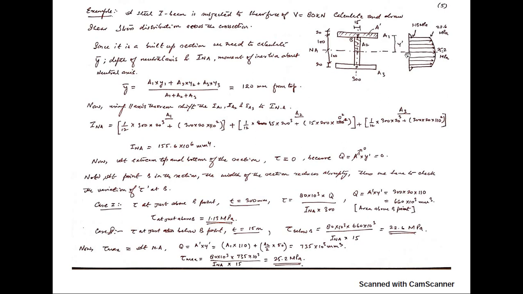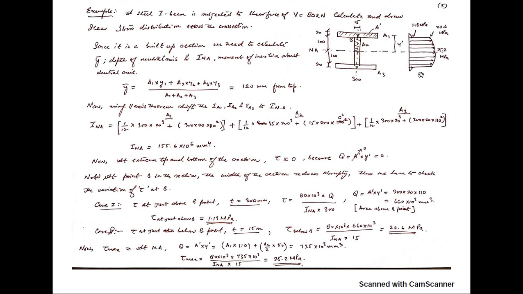Maximum shear stress will occur at the neutral axis. Since this cross section is symmetric about the neutral axis, this will be similar to this cross section, a mirror image of it.